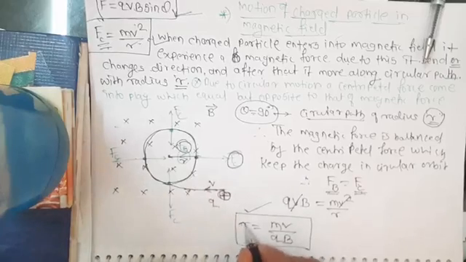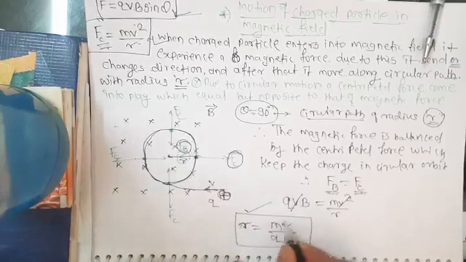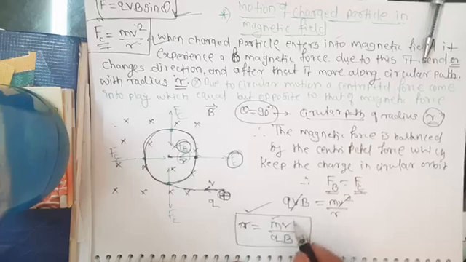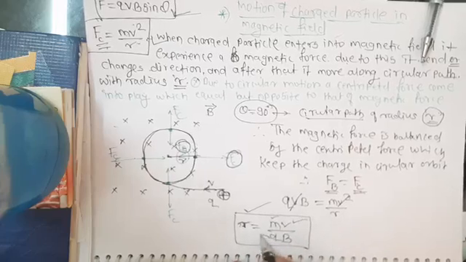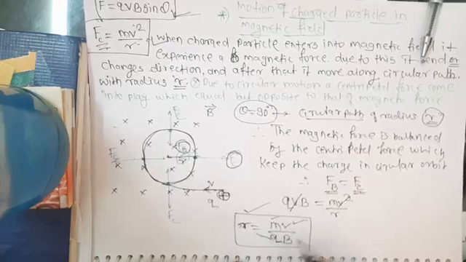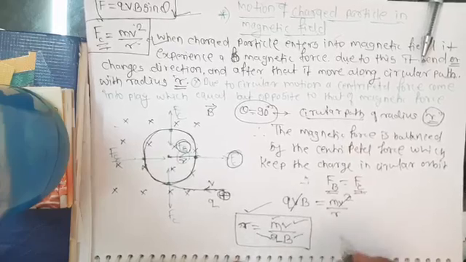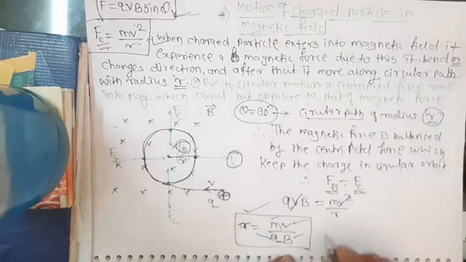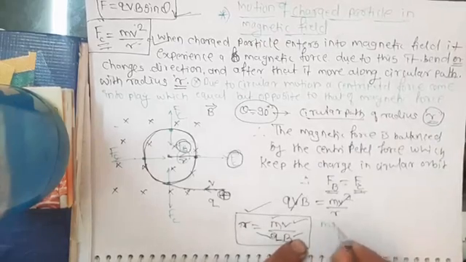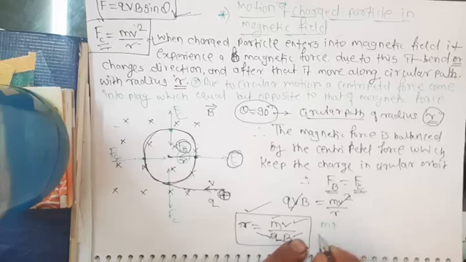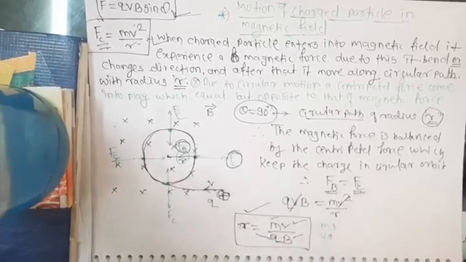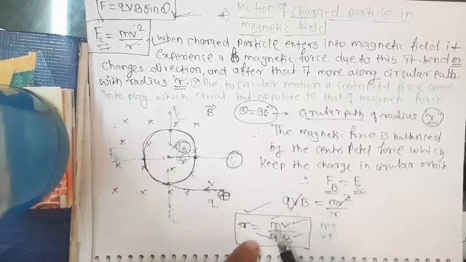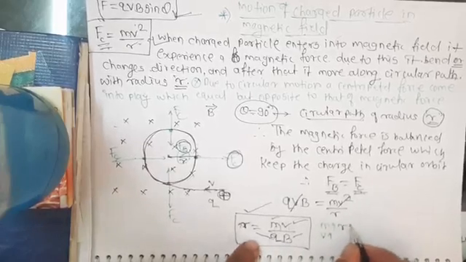It means this radius depends on the mass of the charged particle, velocity of the charged particle, the charge present on the particle, and B. Suppose if mass increases, if velocity increases, both are directly proportional, so automatically r also increases.